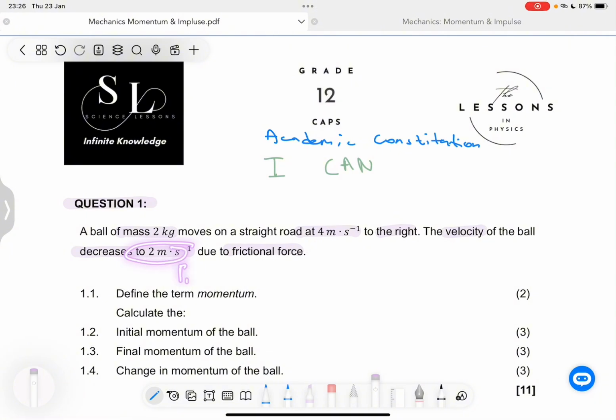And I have the final velocity, which can translate to the final momentum. And because I have the final momentum and initial momentum, I can somehow speak about change in momentum. So I might be required in this problem to do calculations that involve momentum and change in momentum, and even be asked to define momentum or change in momentum.